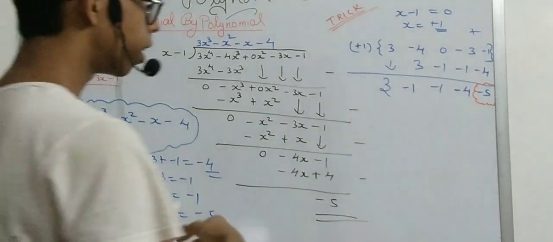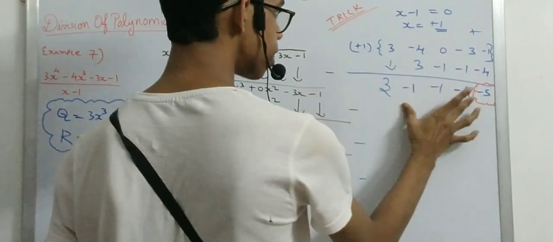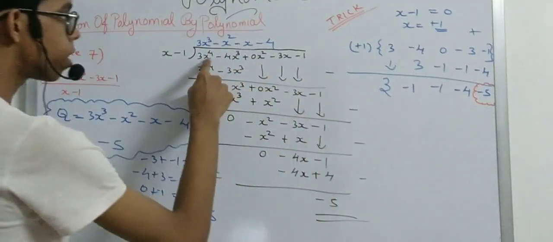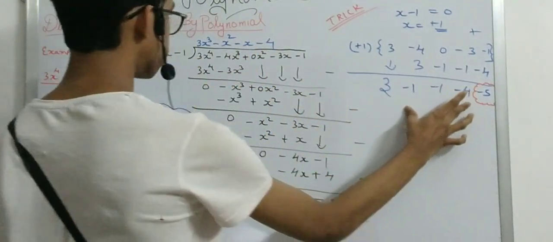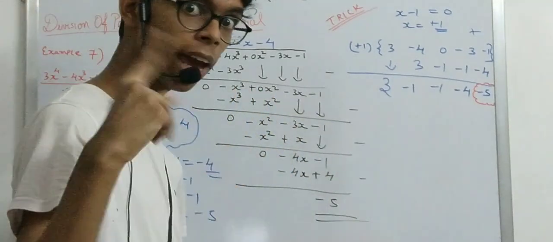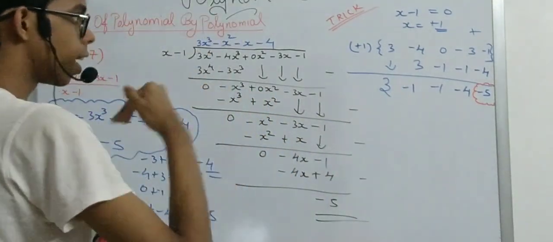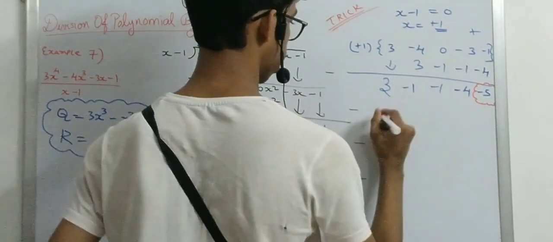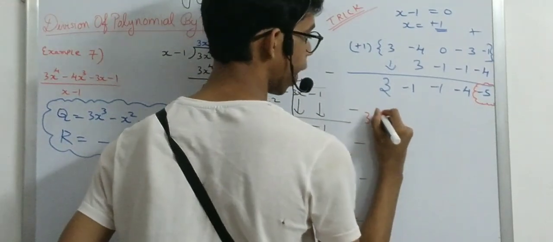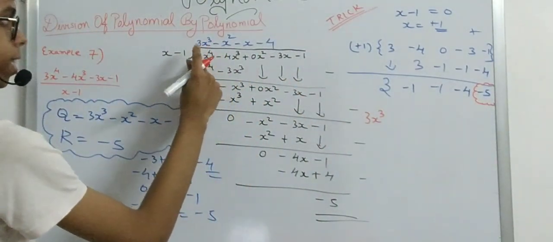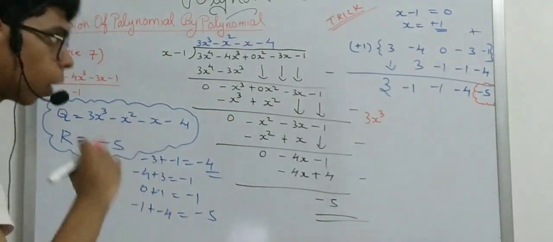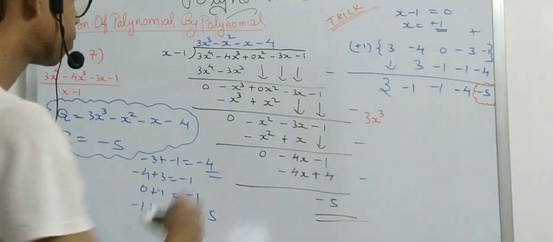Now in order to get the quotient, just see these three numbers. Now since we are having x raised to 4, when we write the quotient, we should start from x cube. Isn't it? 1 less than. Okay, so I am starting from 3x cube. Now here the dividend we are having x raised to 4, so the quotient will be 1 less than this dividend.